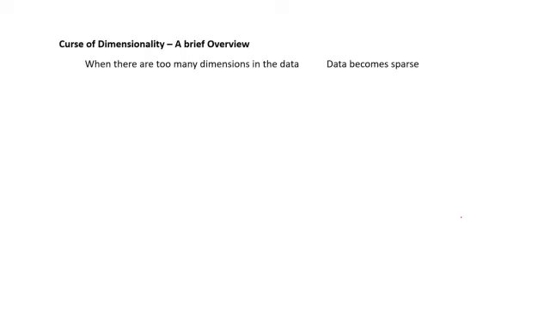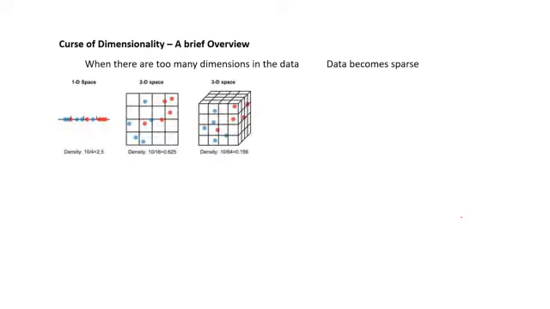If I have to illustrate that, look into this diagram. There are 10 data points, and when they are arranged in 1D space, this is how they are arranged. This is quite dense, right? And the density is 2.5. But if I arrange these same 10 data points in a 2D space, the data points are already moving far away from each other, and now the density is 0.625.